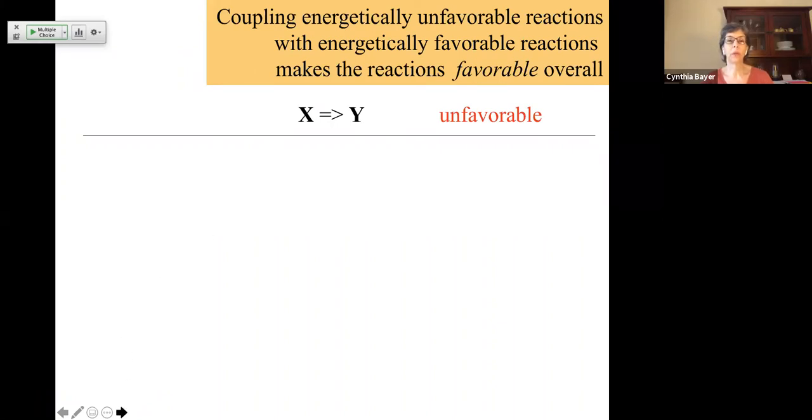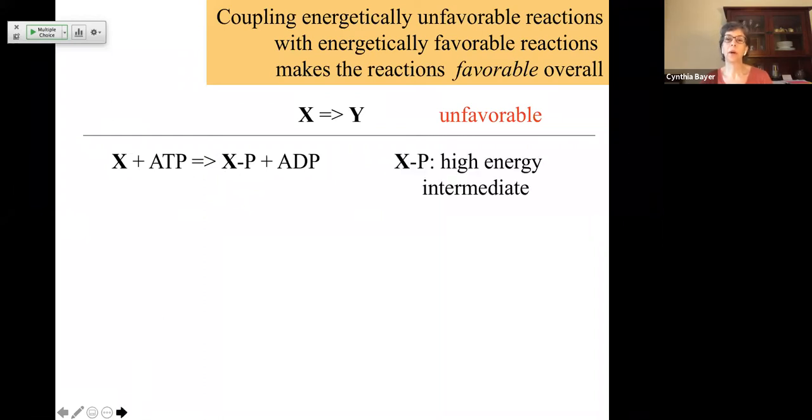Well, as we'll see, what really happens is that conversion of X to Y occurs in 2 steps. In the presence of ATP, X will be phosphorylated. A phosphate group will be added to the X, which makes it more unstable.